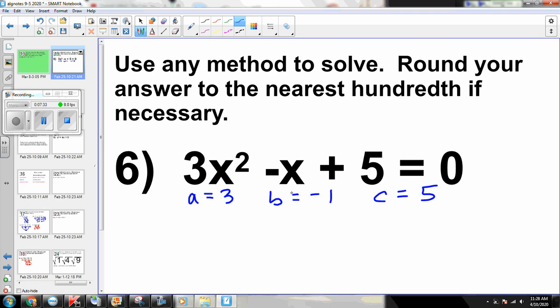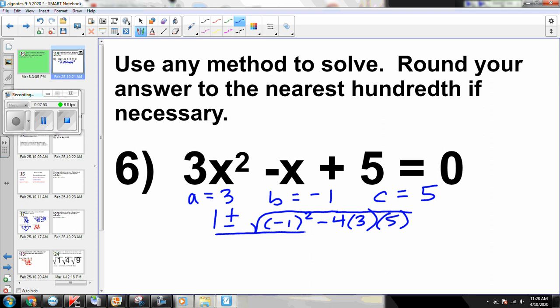So negative b, if b is negative 1, would be a positive 1, plus or minus the square root of b squared, that would be negative 1 squared, minus 4 times a, which is 3, times c, which is 5. And then I'm going to put that all over 2 times a, so 2 times 3.